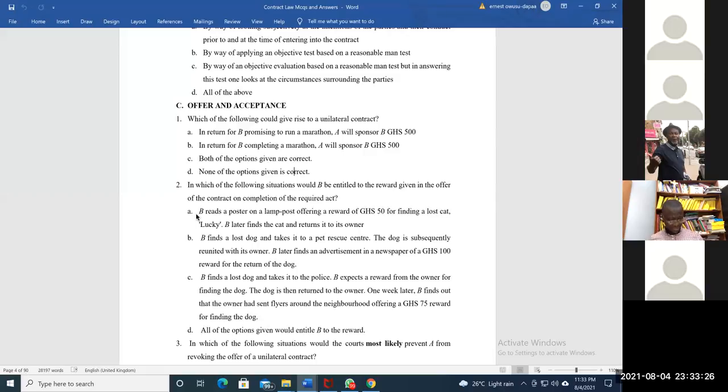But as I indicated, we also have other authorities to suggest that so long as you've done the required acts, you are entitled to the promised reward.